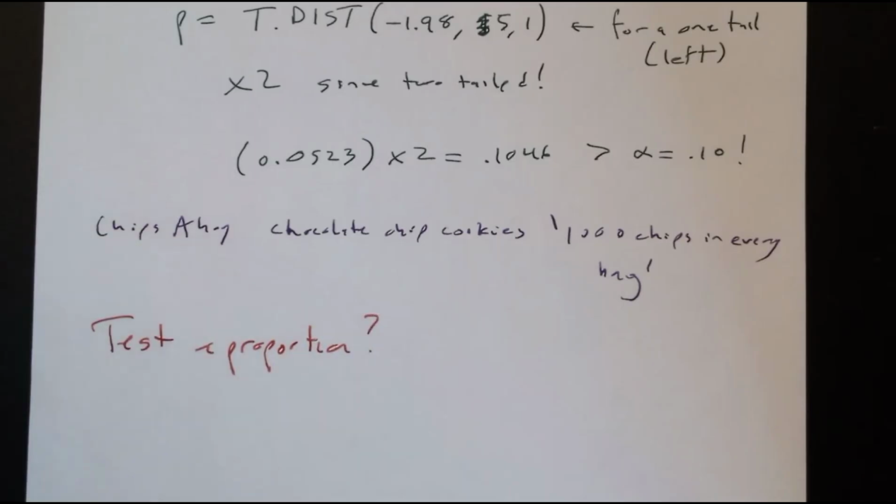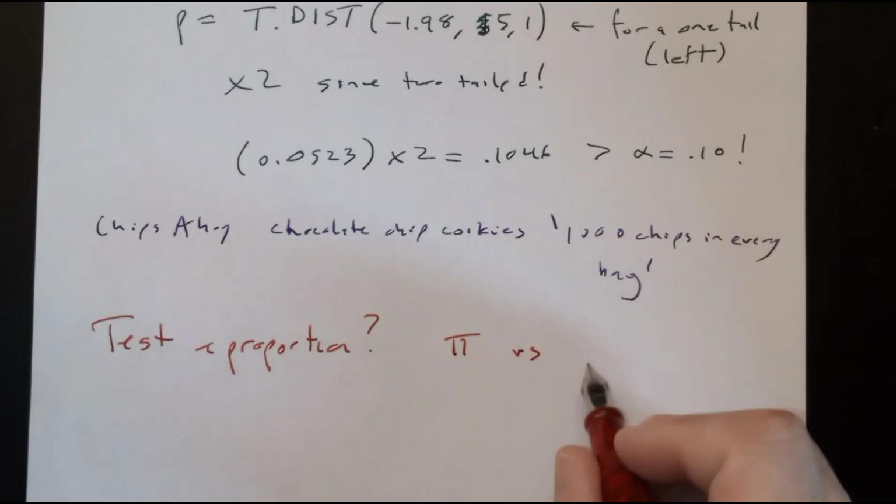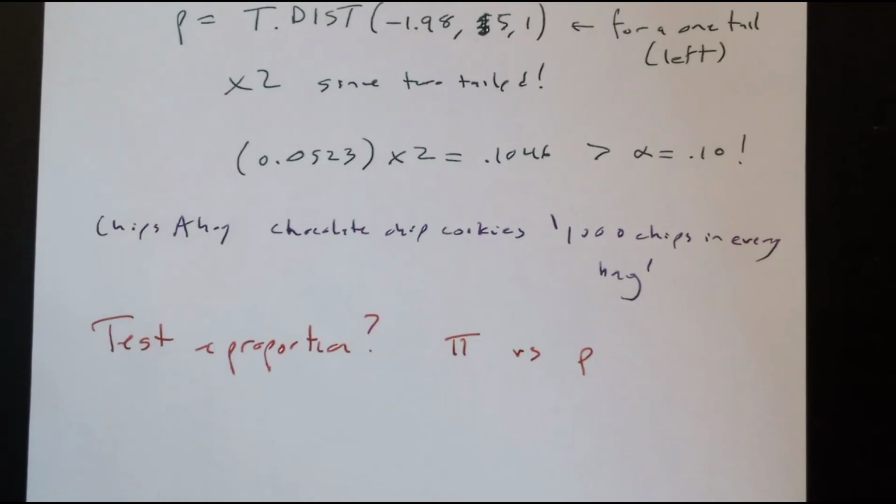Well, now I'm comparing the population proportion to my sample proportion. This is where it starts to get annoying because I'm going to use the same letter P to mean two different things. I apologize, I didn't come up with this. I have to deal with the labels they've given me.